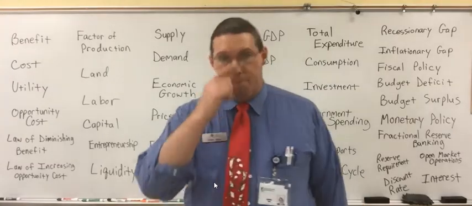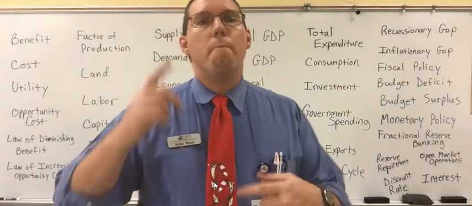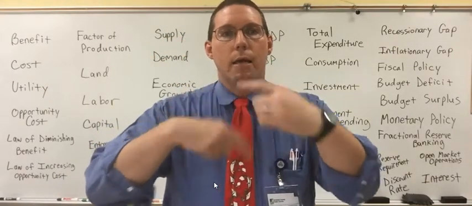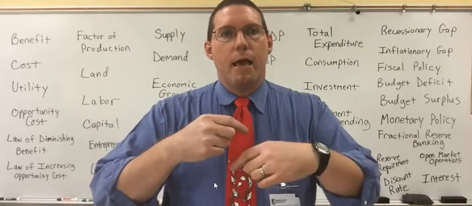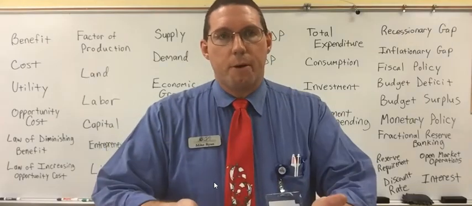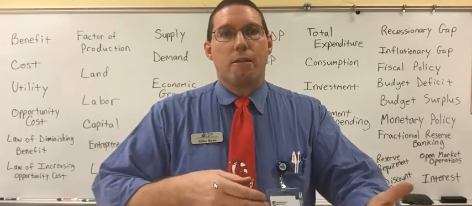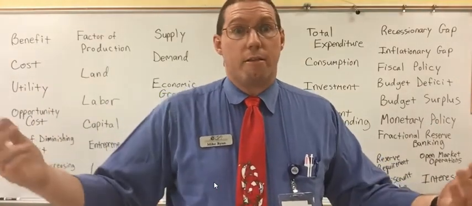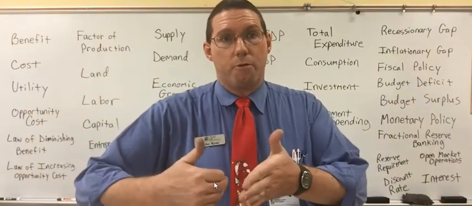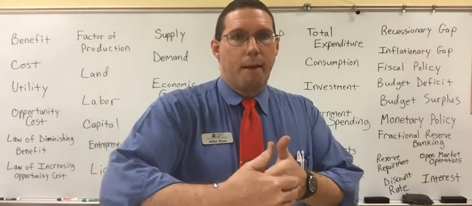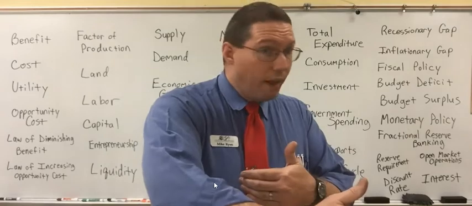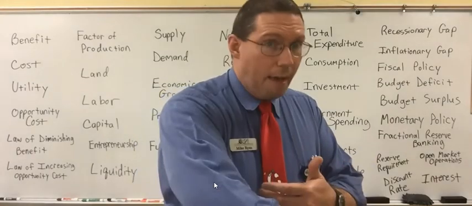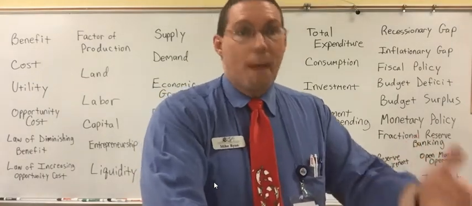Because of the fractional reserve banking system, we're able to multiply money that's put into the economy. And so when some money is put in the economy, the banks, through loaning out over and over and over, because there's lots and lots of banks. One bank loans out to a person, that person spends it, that person who received the cash puts it in their bank, that bank loans that money out, the person spends it.